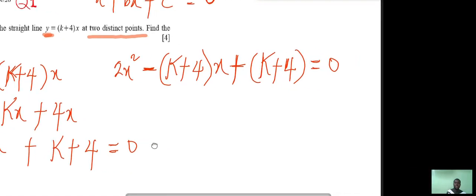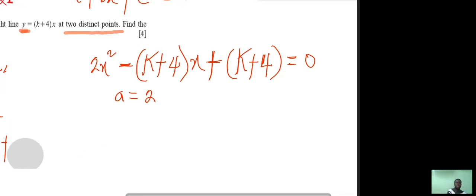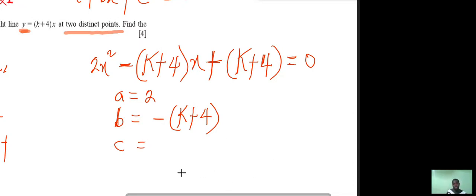Let's identify a, b, and c. A is 2, the coefficient of x squared. B is all that you have behind x, that's negative k plus 4. Then c is all the terms without x, because it's a quadratic in x: something x squared, something x, and the constant, the terms without x, k plus 4.